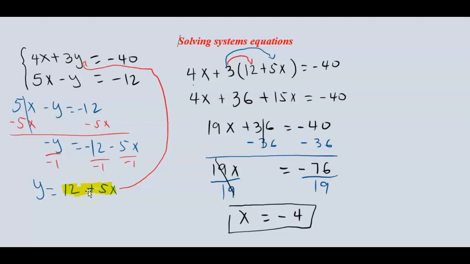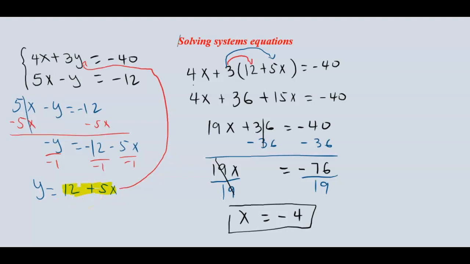Okay, so I can take that value of x and substitute it here on the first one, or here on the second equation, or I can go ahead and just substitute it over here. Either way, I will get the same answer. So what I'm gonna do, I'm just gonna substitute x on this equation right here from step 1.